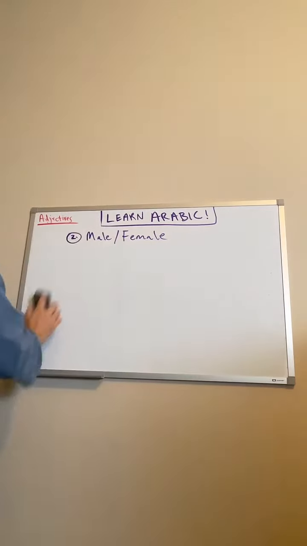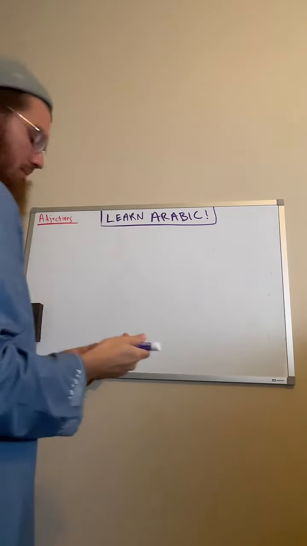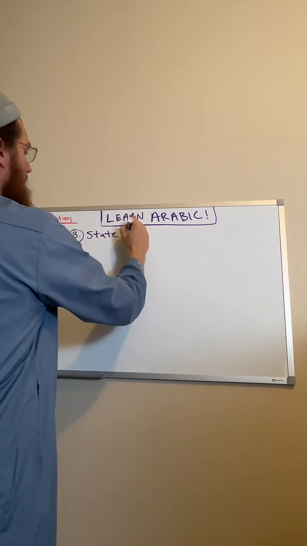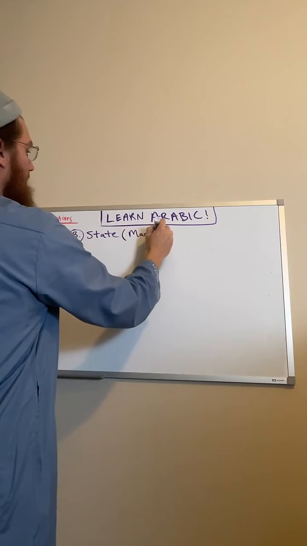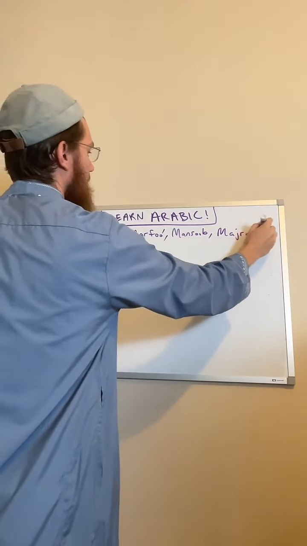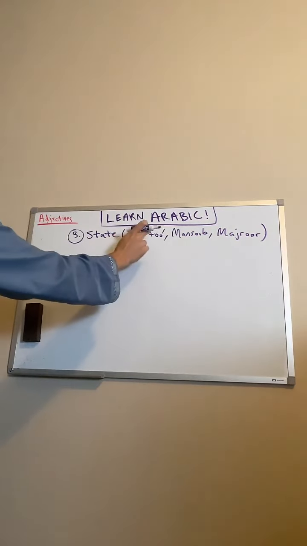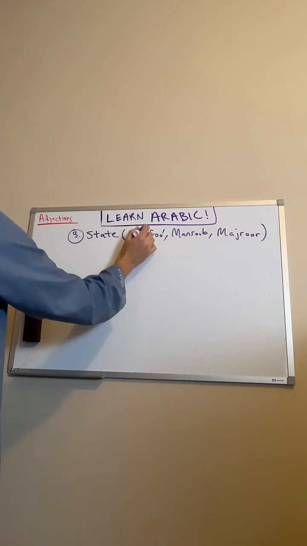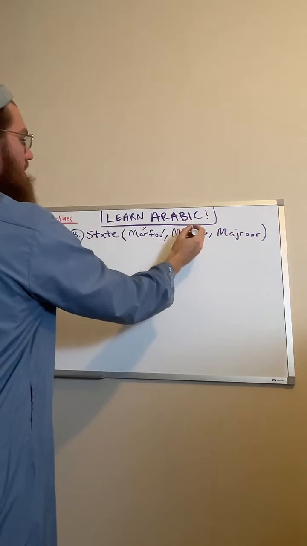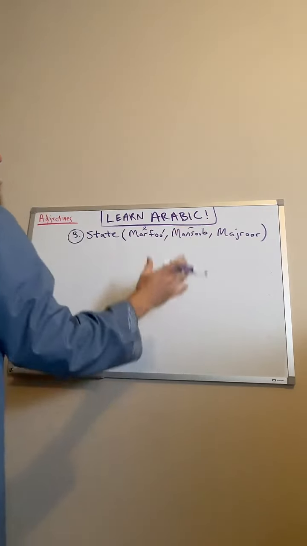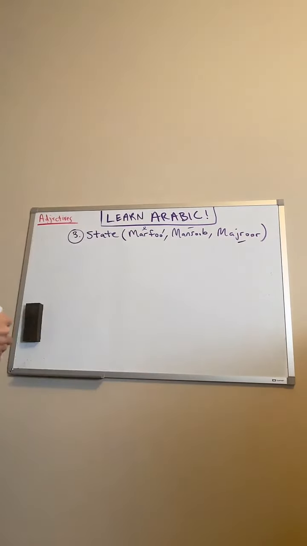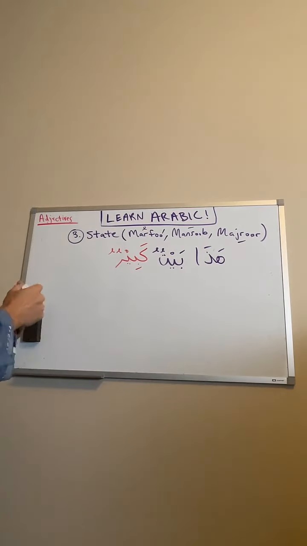One more thing that we need to learn is the adjective has to match the state of what it's describing. And we learned in the previous class that there are three states. For the ism, there's marfu', mansub, and majroor. We mentioned that the sign of an ism being marfu' is the dhamma, the sign for an ism being mansub is the fatha, we're talking about the ending, and then the sign for majroor would be the kasra. هذا بيت كبير.